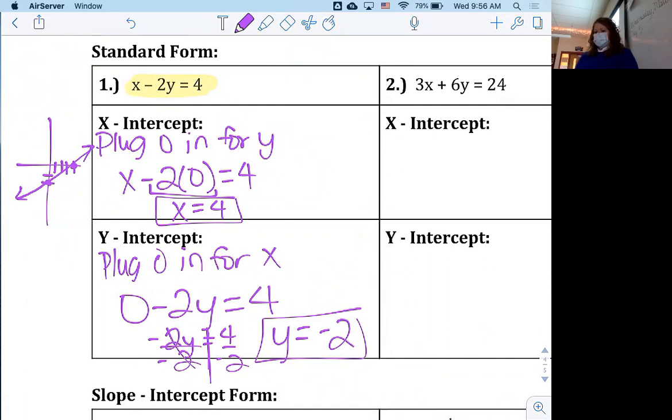Again, it's not a tough topic. It's all about plugging 0 in for the other letter. If it says find x-intercept, you want x to be left behind, x equals whatever. And your x and y intercepts can equal 0, by the way, so don't think that you made a mistake.